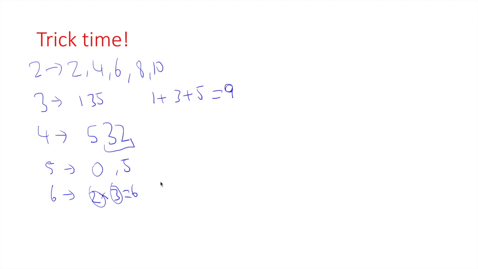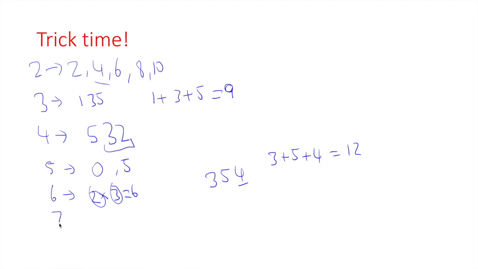Let me go through an example just to be clear. If you had the number 354, it ends in a 4, so it's a multiple of 2, tick. Now I need to check if it's a multiple of 3. 3 plus 5 plus 4 is 12. 12 is a multiple of 3. So it's a multiple of 3 and a multiple of 2, so it's a multiple of 6.